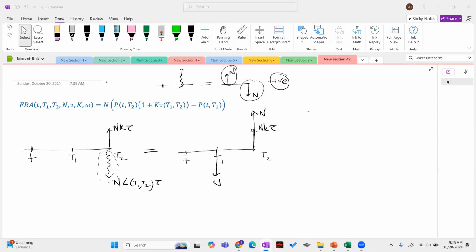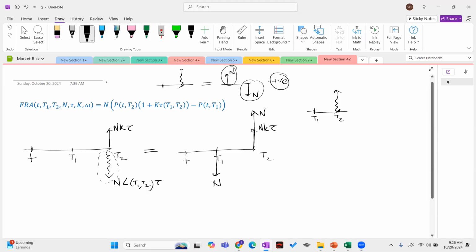Let me explain again. See, if you have a floating inflow, this is one reset date T1, this is T2. This is equivalent to, first you think logically, what is the present value of my cash flow? Is it positive or negative? I'm getting something, right? I'm not losing anything. So whatever cash flow diagram you create, it needs to give me a positive present value.